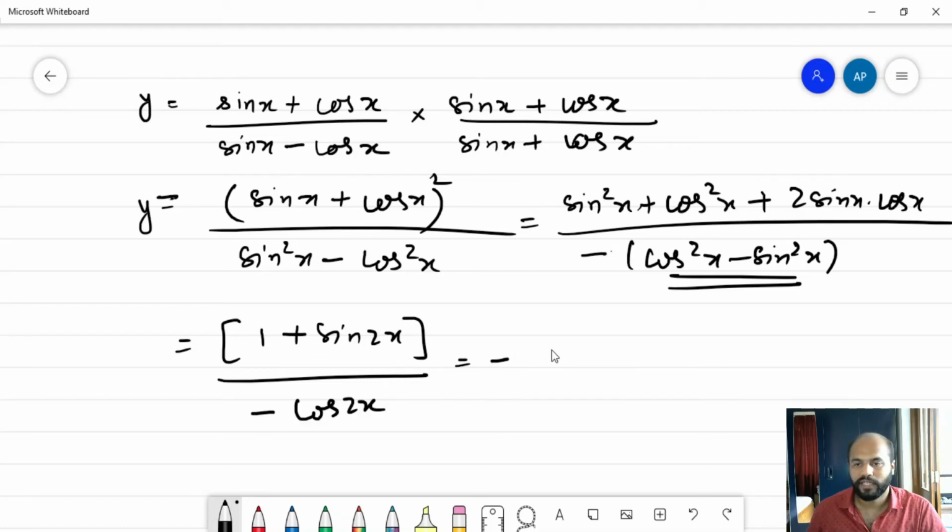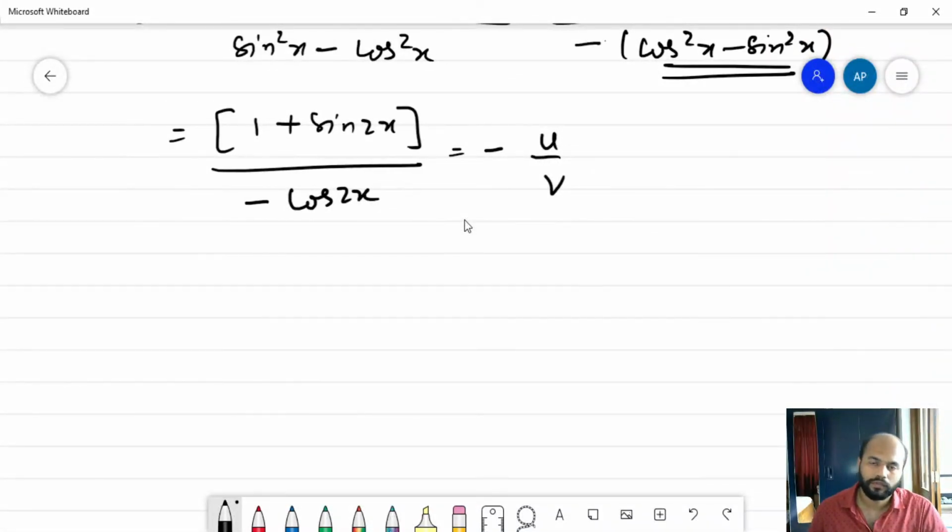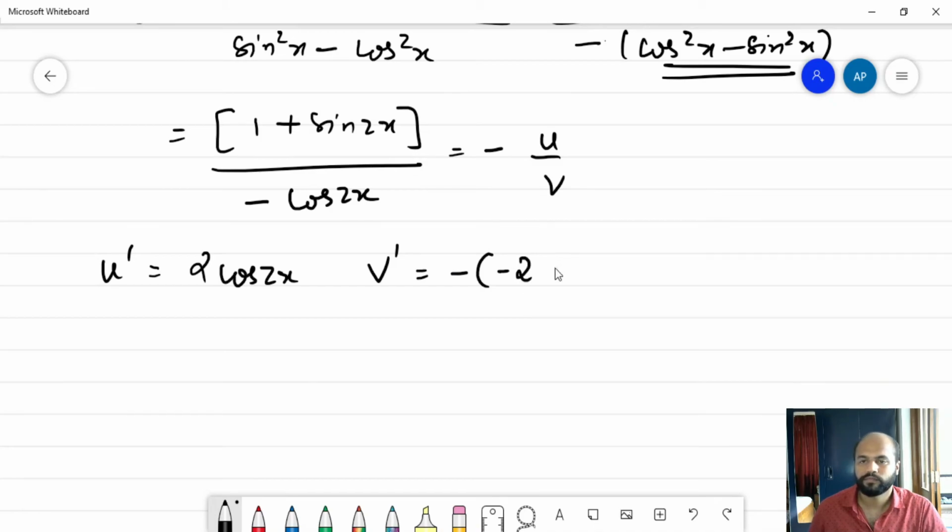So now we are in a position to evaluate it as u by v, wherein the derivative of u, that is u dash, is going to be 2 cos 2x, and v dash is going to be minus the derivative of cos 2x, which we just found out as minus 2 sin 2x.